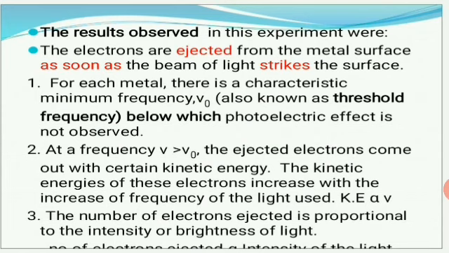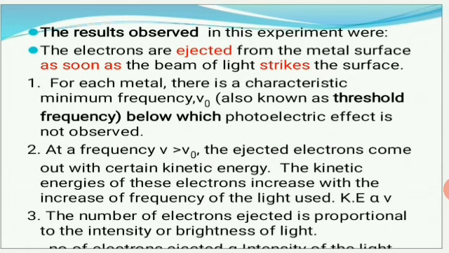At a frequency greater than the threshold frequency, the ejected electrons come out with a certain kinetic energy, and the kinetic energy of the ejected electron is directly proportional to the frequency of the incident radiation and is independent of its intensity. So, more kinetic energy means a higher frequency of the incident radiation.